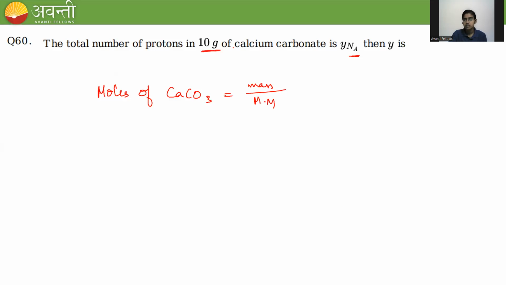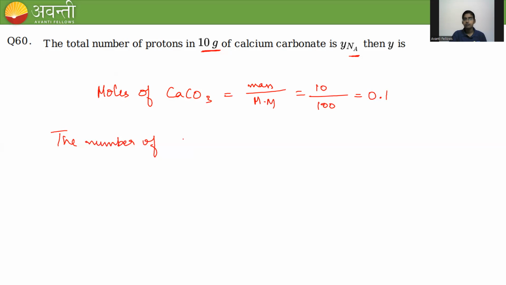So the given mass of calcium carbonate is 10 and the molar mass of calcium carbonate is 100. Okay. For carbon it is 12 and for 3 oxygen with 16 each and for calcium it is 40. So when we substitute everything we will get 100 as the molar mass of CaCO3 and it is equal to 0.1 mole.